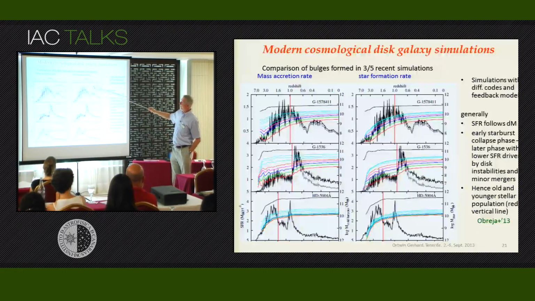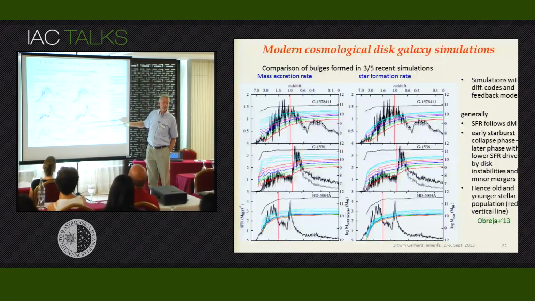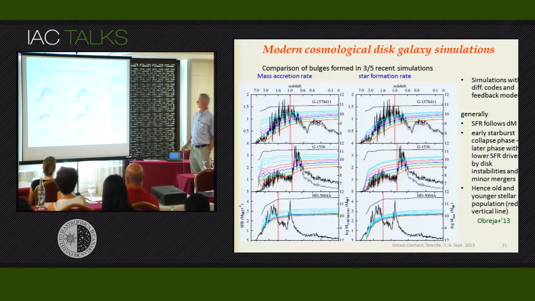And what this plot shows is, again, that the star formation rate in almost all aspects follows the mass accretion rate very closely, meaning that the evolution of these disks is, to some degree at least, dominated by the interaction with the environment, the accretion of mass from the nearby surroundings.